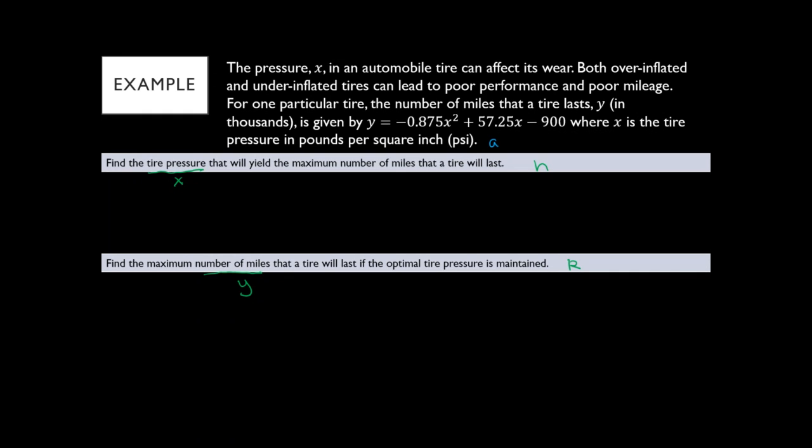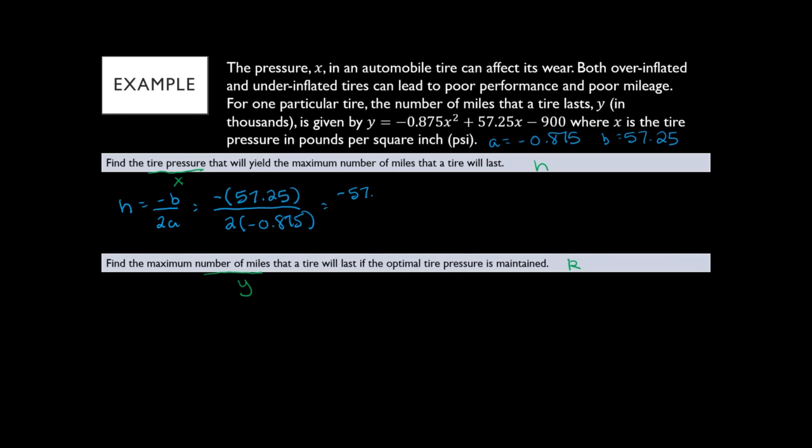Based off of our formula, a is negative 0.875, b is 57.25, and we don't care what c is. We just need to know a and b. So h equals negative b over 2a. We have a negative, and then b is not negative, so we don't have to worry about that. So that's just going to be negative 57.25 over 2 times a, negative 0.875.